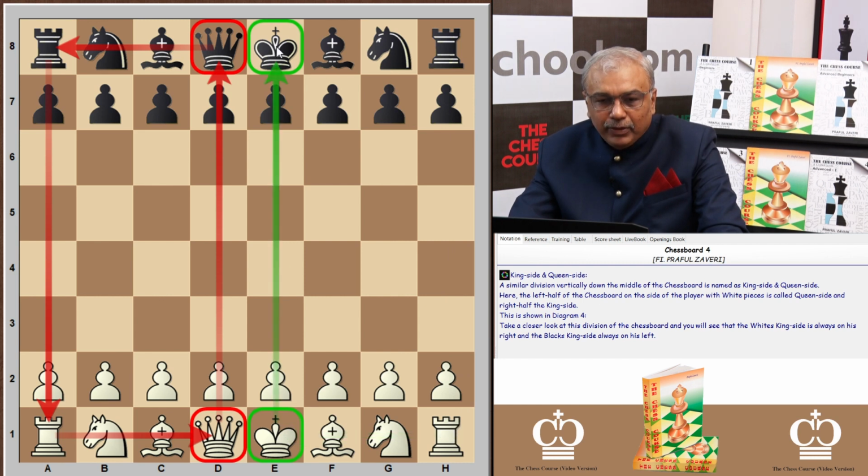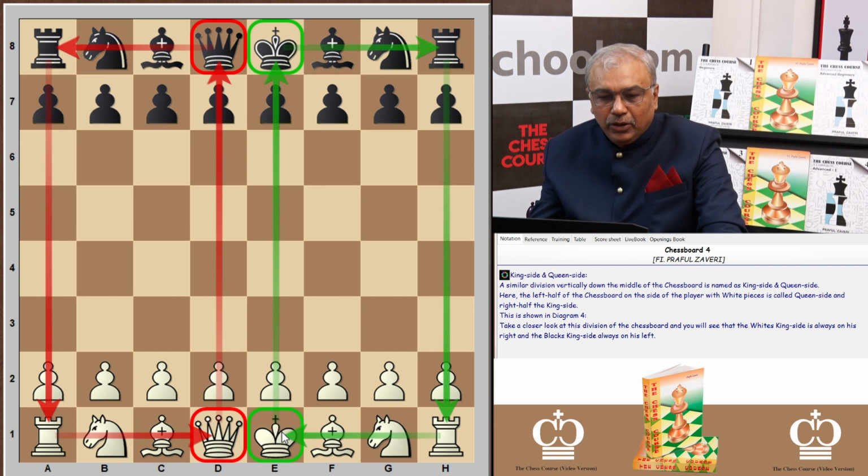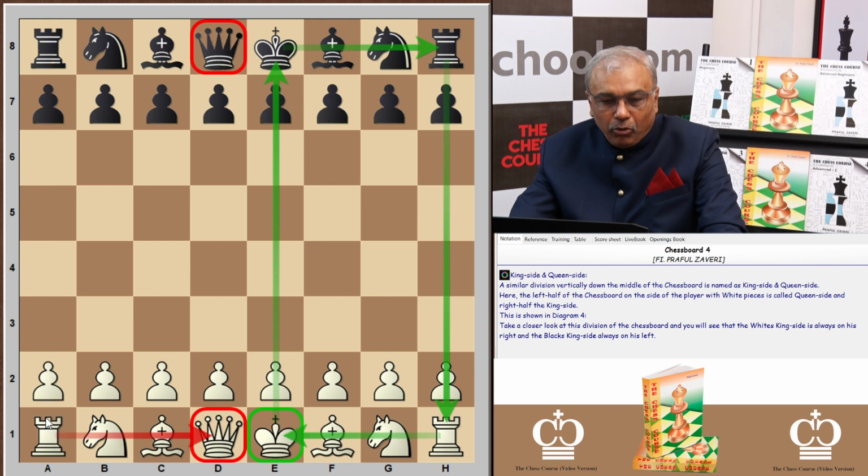So the 4 vertical rows starting from the king and going towards the corner edge of the board are referred to as king side. So this is king side. And queen side is the one where the queen stands. The queen is also 1. That means the board which has 4 vertical rows starting from the queen is demarcated as the queen side.